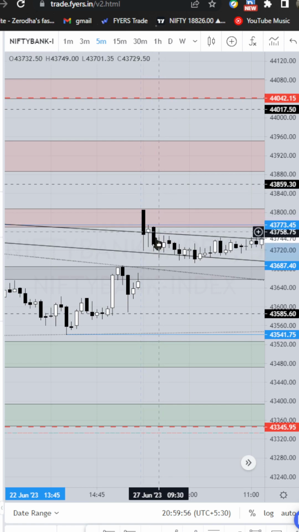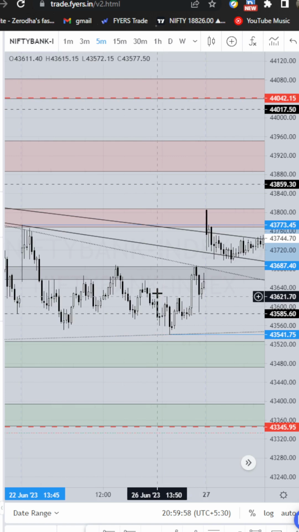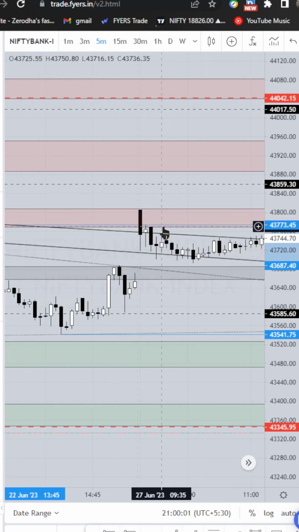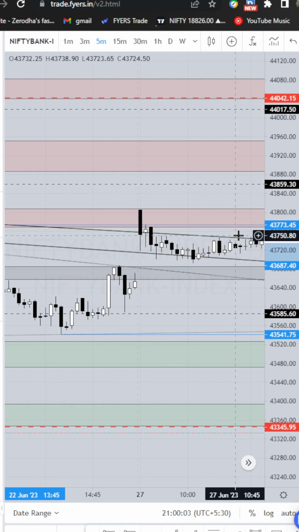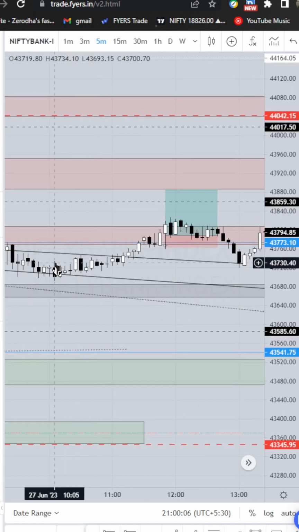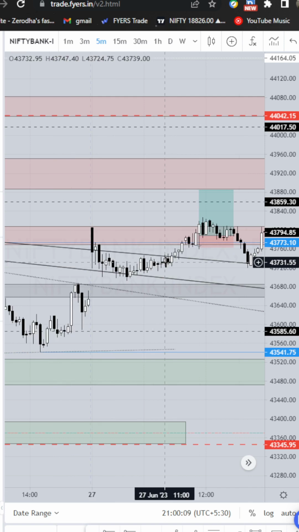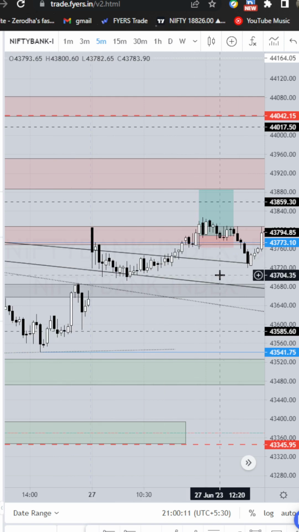So just chill and relax, don't try to trade. With this kind of price action, after some point of time you should have totally given up trading in this zone, which I actually did, which was quite nice of me to do.